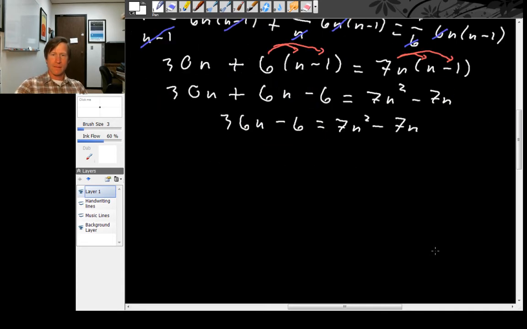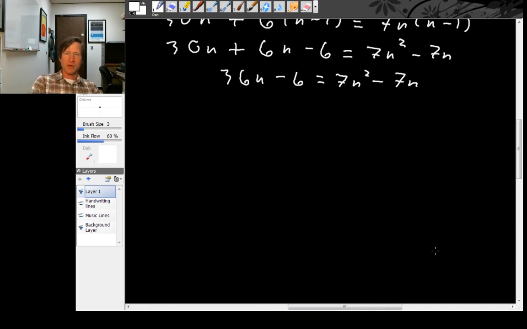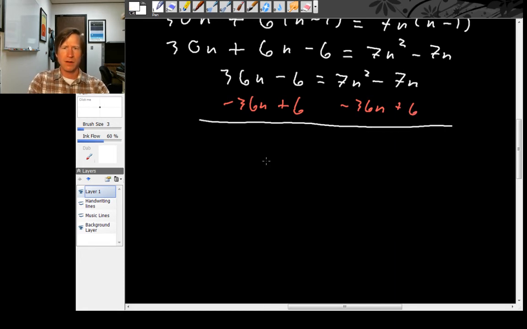All right. Now we can move everything to one side. I'm going to move everything to the right just so that my leading coefficient on the n squared term is positive. That's just how I like to do it. So let's subtract 36n and then add 6 to both sides. On the left-hand side we get 0.